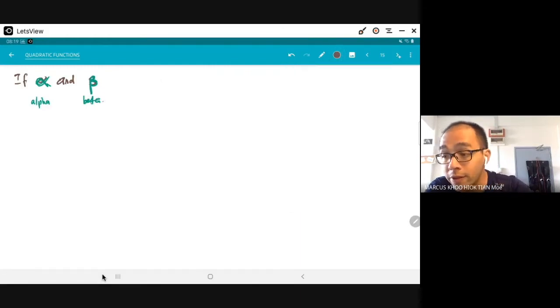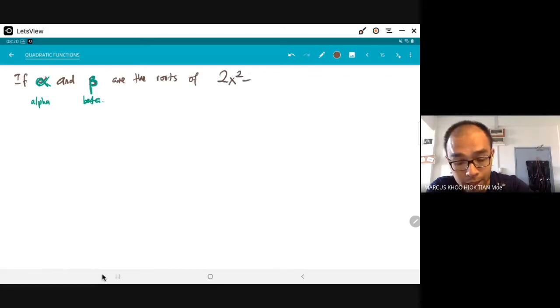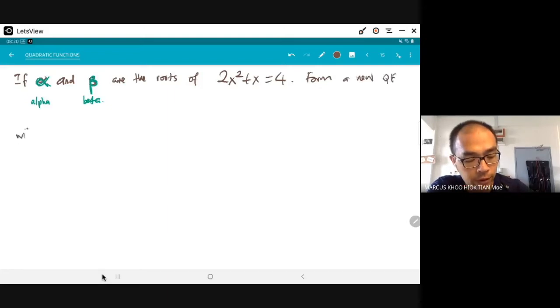Okay, so if alpha and beta are the roots of 2x squared plus x equals 4, form a new quadratic equation with the new roots. Okay, then you're given the question situation.